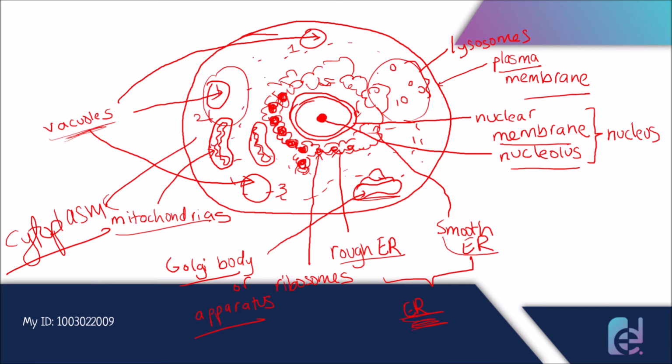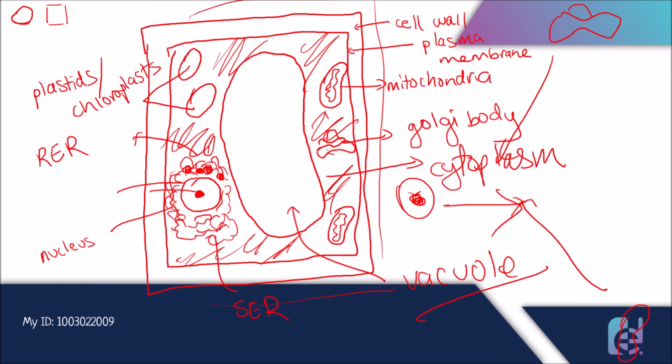These all are ribosomes throughout the cytoplasm. So even in the plant cell, we will have the ribosomes throughout the cytoplasm. So these are the two common mistakes. We just forget to label the cytoplasm and we forget to make these dots in the cytoplasm which indicate ribosomes.